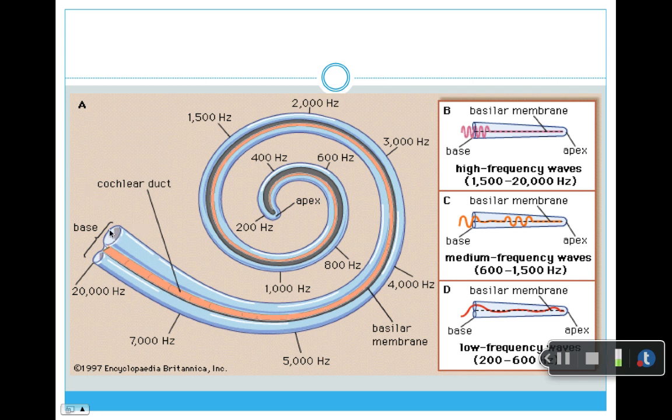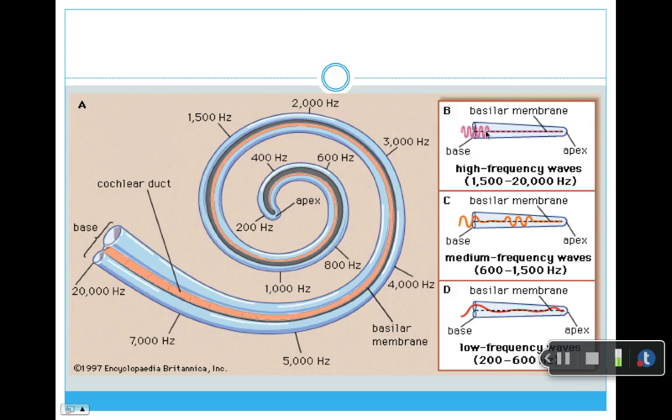The stapes sits right here. It pushes the fluid. As the fluid moves, it creates a wave. The fluid goes to its best frequency on the cochlea. The outer hair cells excite, and the wave disappears. So for high frequencies, the sound will go right to where it belongs.